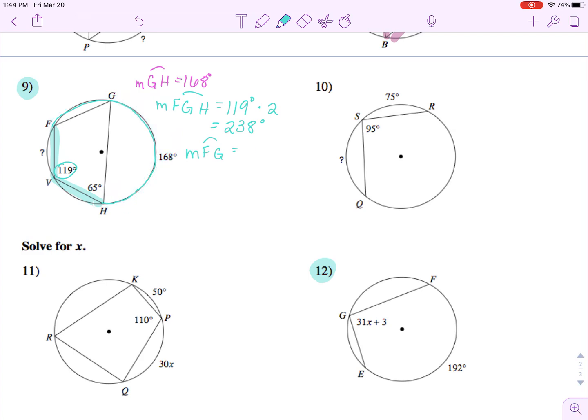So I'm going to do 238 degrees minus 168 degrees. What should I get for that? I'm going to pause for a minute and let you guys catch up. I want you to find that arc measure.